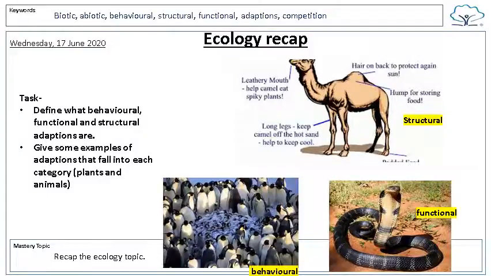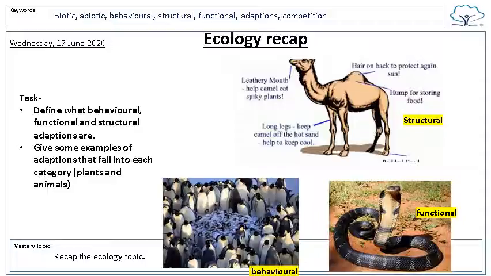So functional adaptation is slightly different. It's a chemical process or a physical process which gives an organism an advantage. So the chemical process that's being highlighted in this one is the fact that a cobra is poisonous.